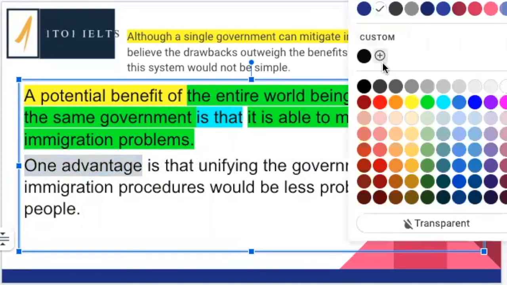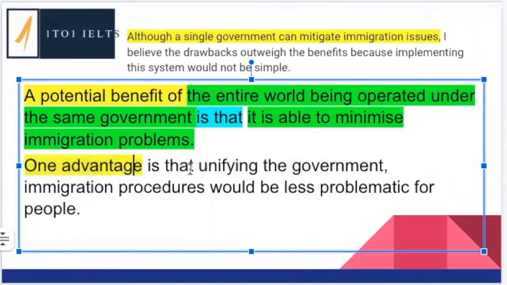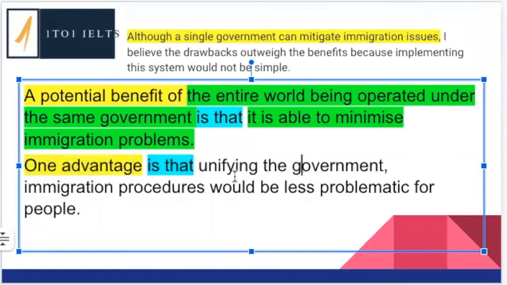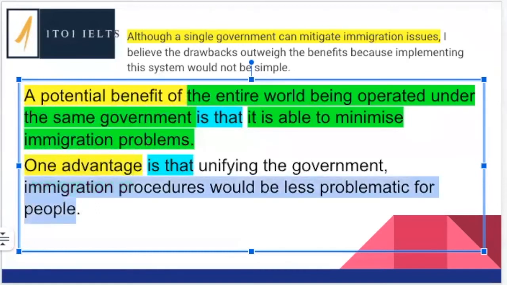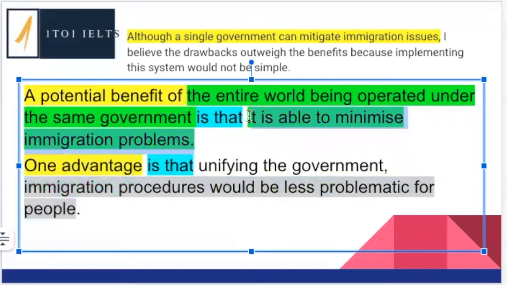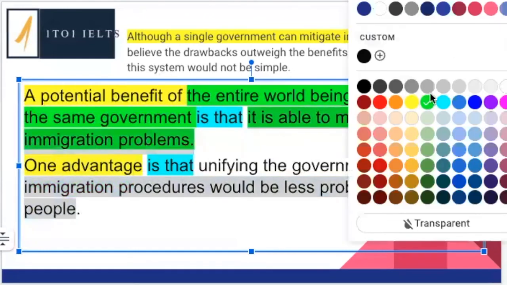Okay, let's have a look at this one. The one advantage is that unifying the government, immigration procedures would be less problematic for people. So this part is clear. Sorry, I've got my colors wrong. Apologies.